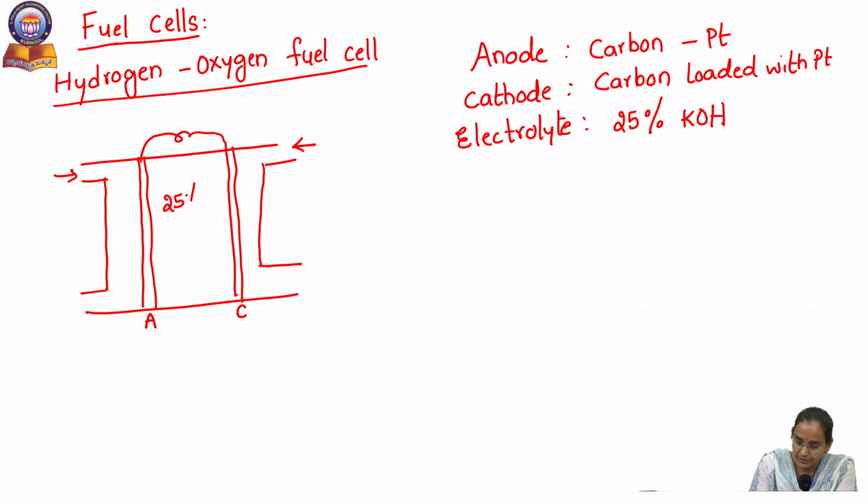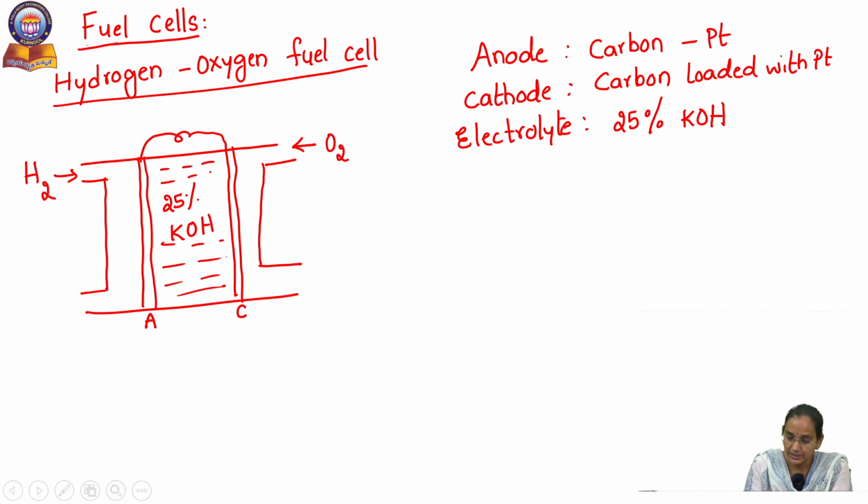Here 25% KOH will act as electrolyte. At anode, hydrogen is passed and at cathode, oxygen is passed. So here hydrogen will act as a fuel and oxygen will act as oxidizer.